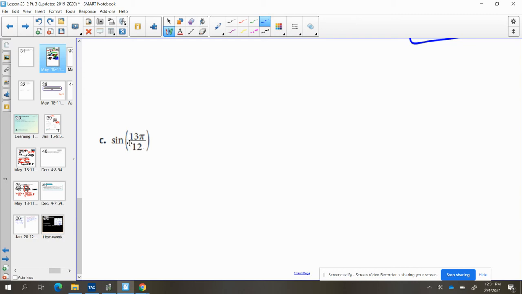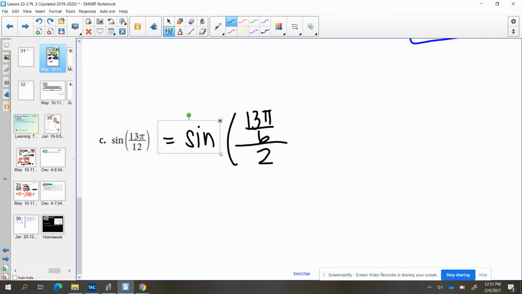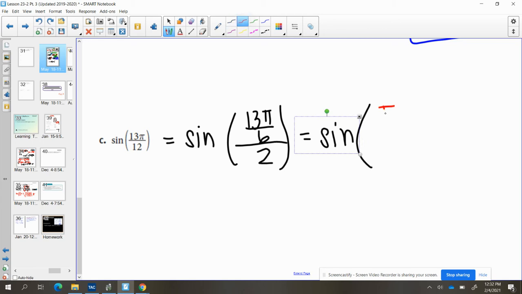But we know that sine of 13 pi over 12 is really going to be the same as saying sine of 13 pi over 6 divided by 2. And 13 pi over 6 is actually sine of pi over 6, right? They're coterminal values, so it's the same thing, all divided by 2, okay?